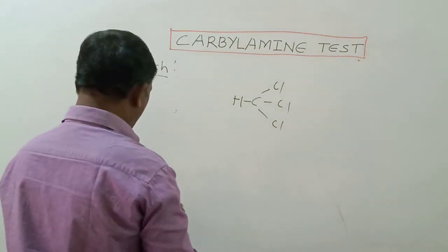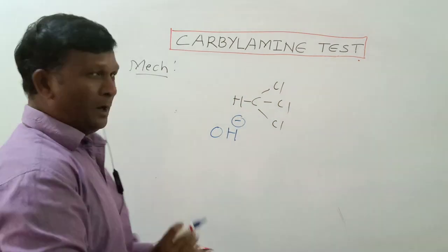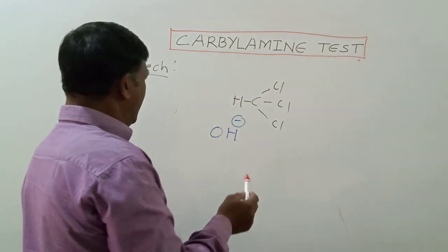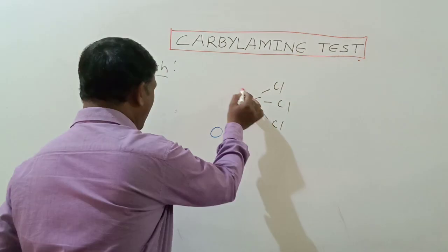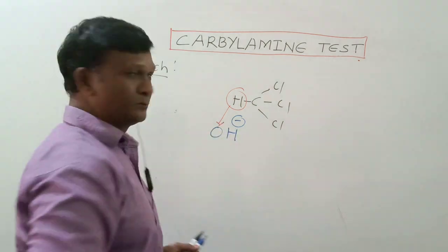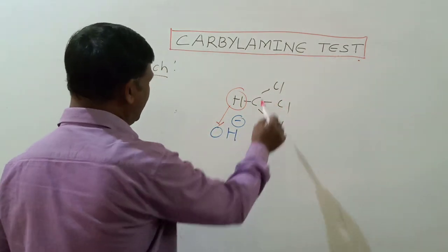So we have the hydroxide ion in the solution. The hydroxide ion will attack this hydrogen. Here 3 chlorines are present.